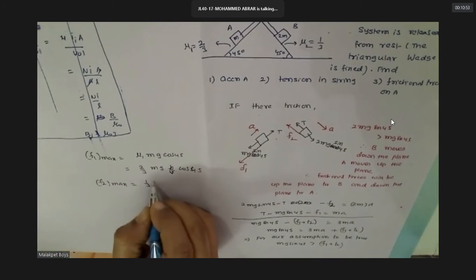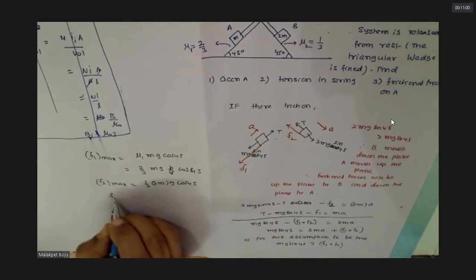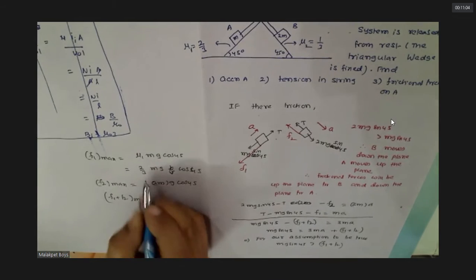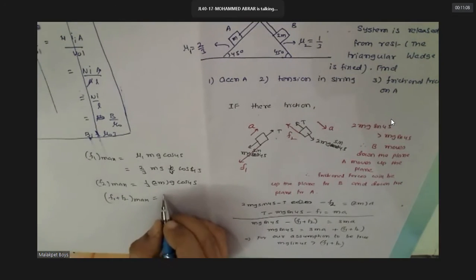What is F2 max? 1 by 3 into 2 mg cos 45. How much are you getting? 4 by 3 mg cos 45.